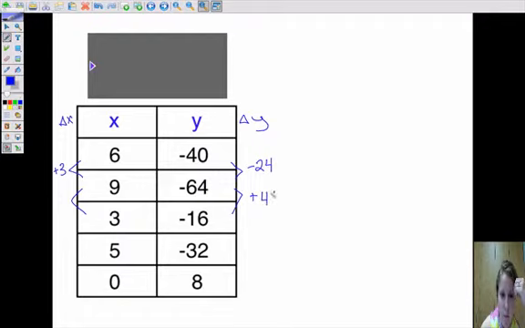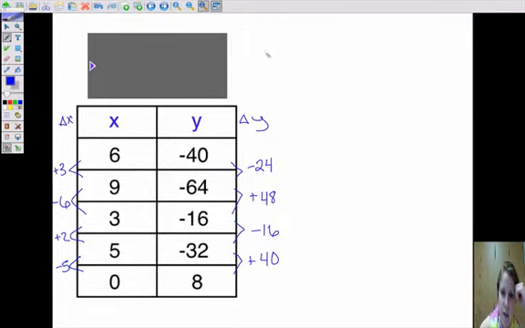That's me going up 48. 9 to 3 is me going down 6. Negative 16 to 32, that's me going down 16. 3 to 5, that's me going up 2. And negative 32 to 8 is me going down, nope, up 40. And 5 to 0 is down 5.